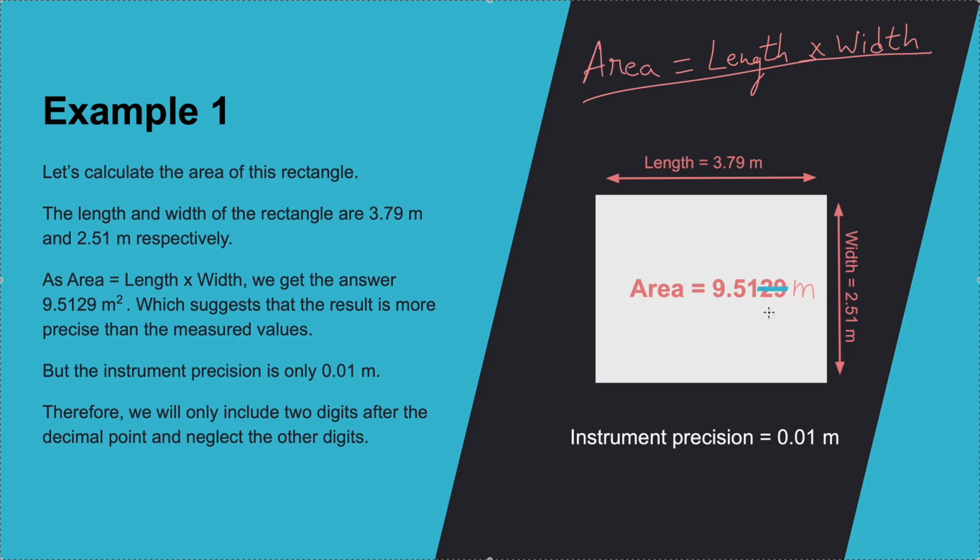Looking at the final value, we can see that there are five significant figures instead of three. We started with three significant figures, but after multiplying, we get five.